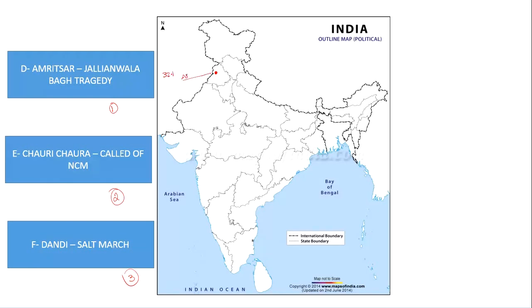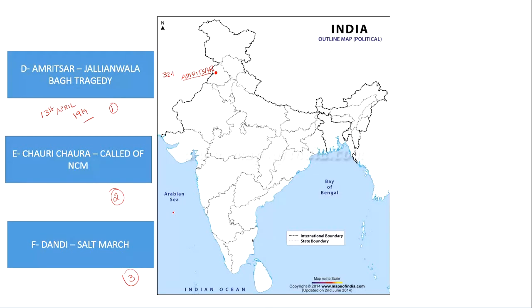You can write Amritsar. You know, it was here that the famous incident, the Jallianwala Bagh tragedy, took place. British people fired on innocent Indians on 13th April 1919. It happened during the movement called Rowlatt Satyagraha, the movement against the oppressive Rowlatt Act.